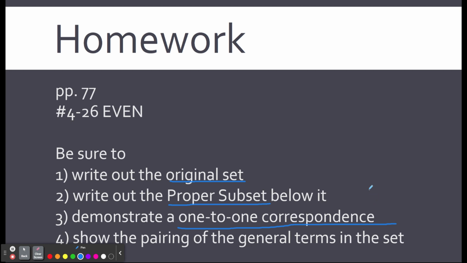You're going to probably want to write about this, so verbalize, write, and tell me what's going on. And then lastly, show the pairing of the general terms in that set. Arrows work. If you just show this goes with this goes with this, sort of like the examples in the text, that's okay. But please do show that you understand what's going on in your homework.